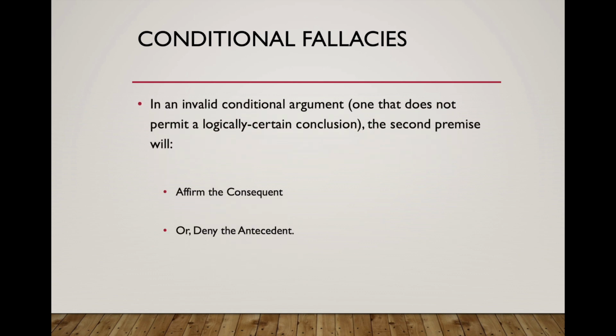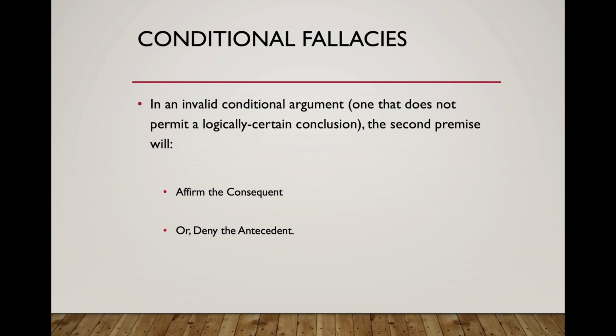The other forms commit fallacies of conditional arguments. In an invalid conditional argument, that is one that does not permit us to reach a logically certain or necessary conclusion, the second premise will either affirm the consequent or deny the antecedent.